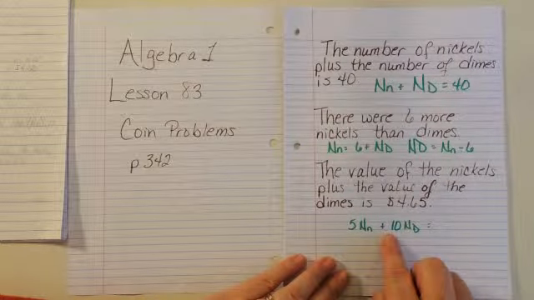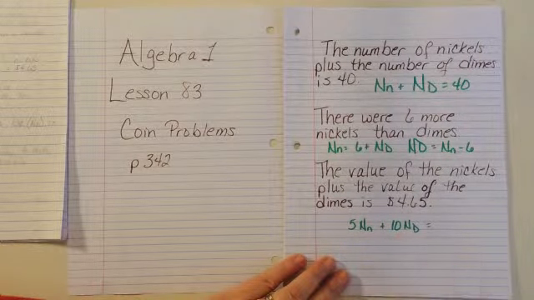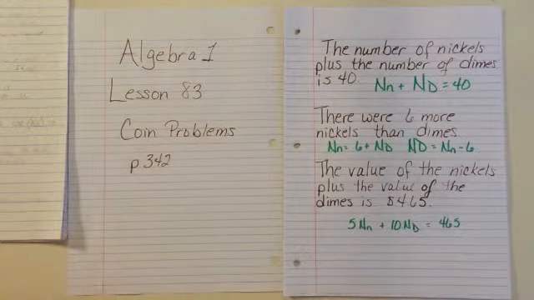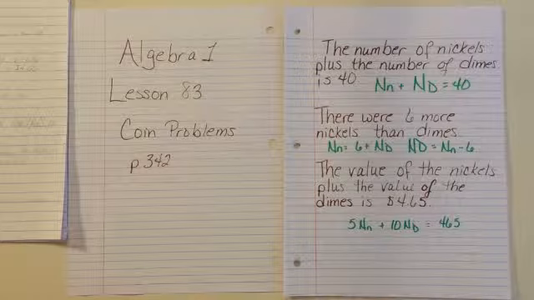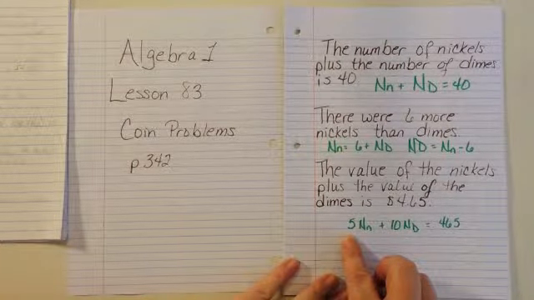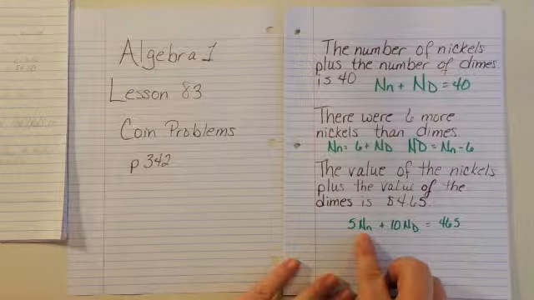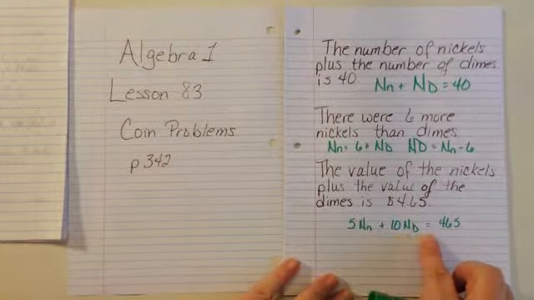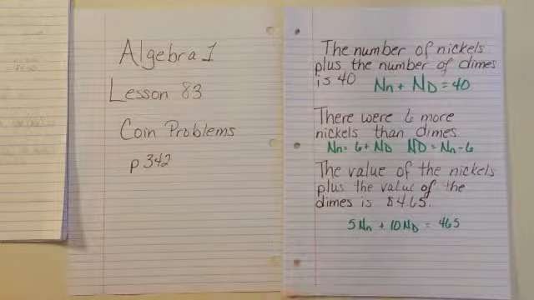As long as we're doing just coins, let's put everything in cents. So this will be 465 cents, and that way we don't have to play with decimals. So now we have 5 cents times the number of nickels plus 10 cents times the number of dimes equals 465 cents.